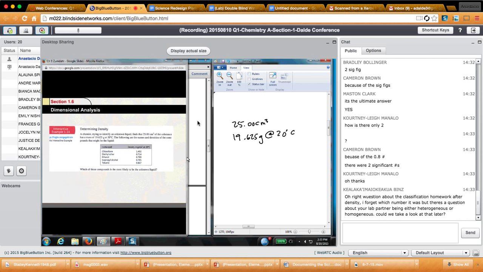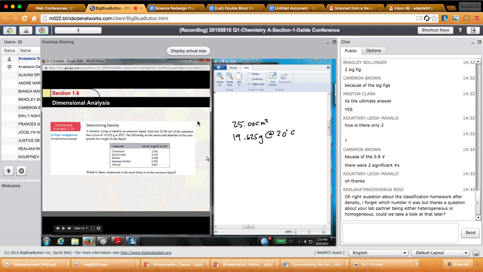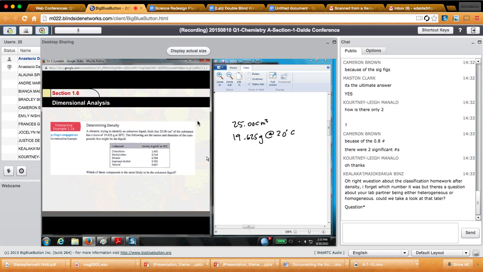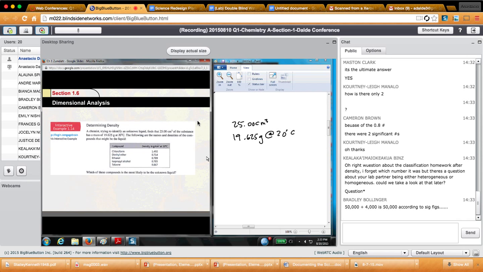Now I've got a question. Why do they need to tell us the 20 degrees Celsius? It's an interesting question. Why do they need to tell us the temperature at which they measure this? That will boggle your mind.